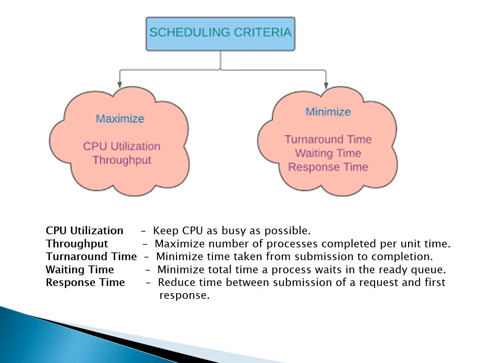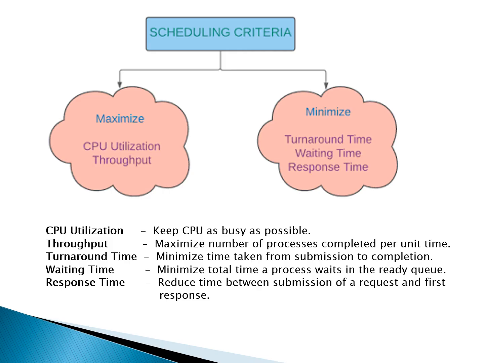So let's know what CPU utilization is. Keeping the CPU busy is CPU utilization. And apart from that, the throughput also should be maximized. Throughput is the number of processes completed per unit time. So in a given time, how many processes have been completed is called throughput.